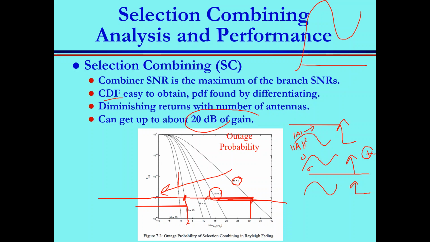You know what this means? 3 dB is doubling the power. So suppose this is the base station, and with a certain power P, I can reach here. By doubling the power, you can reach here. By tripling the power, you can reach here.